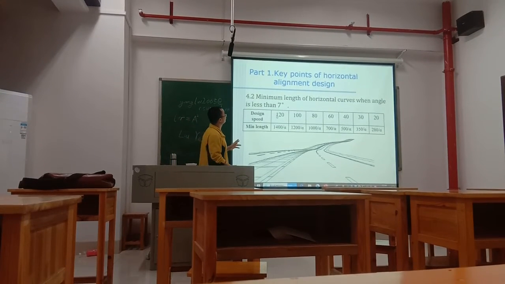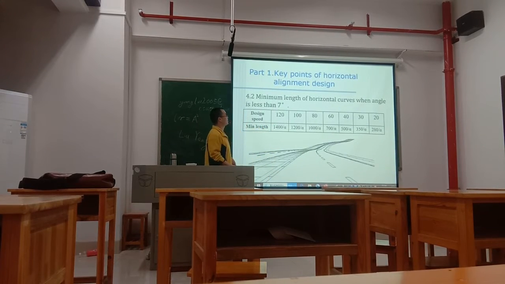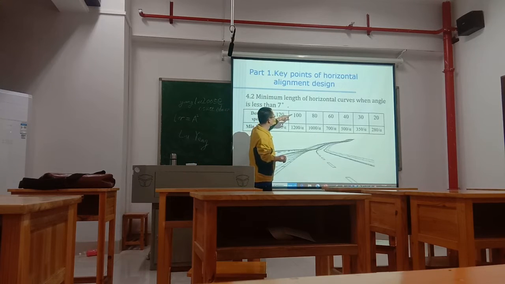4.2. Minimum length of horizontal curves where the angle is less than 7 degrees. This is the minimum length. Alpha is the turning angle.